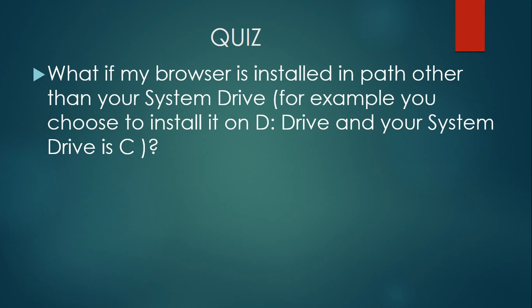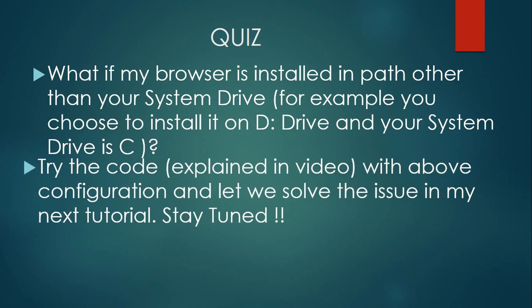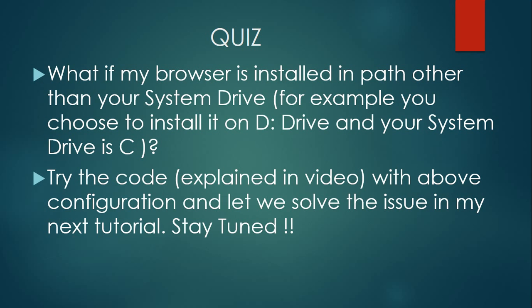What happens next? So here's a question. What if my browser is installed in a path other than your system drive, that is the C drive in my case, and for example I have chosen to install it on the D drive. Using the code that I have explained, you try this one, and we'll see how to solve this issue in my next tutorial.